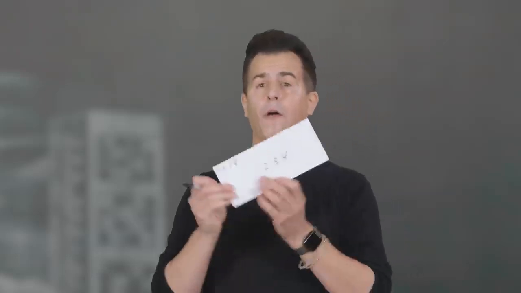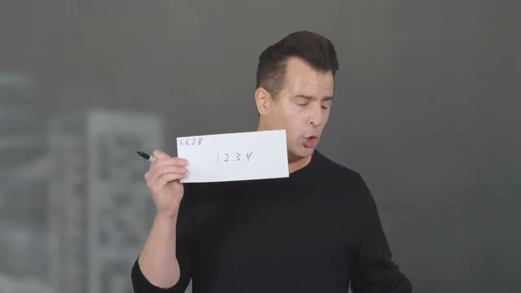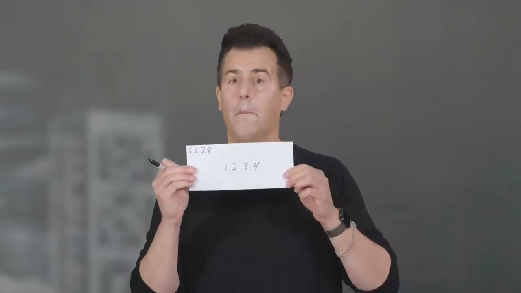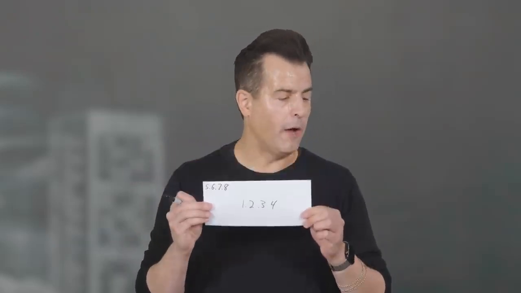So she would probably put 1.2.3.4 on the middle of the envelope, and 5.6.7.8 in the top of the envelope to indicate that this one, too, is destined for Brian's IP address as well.